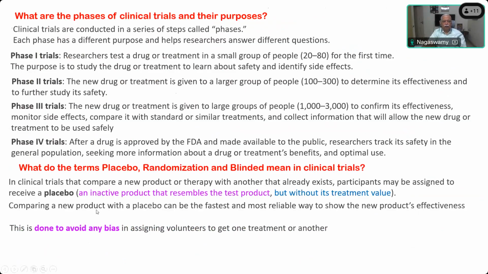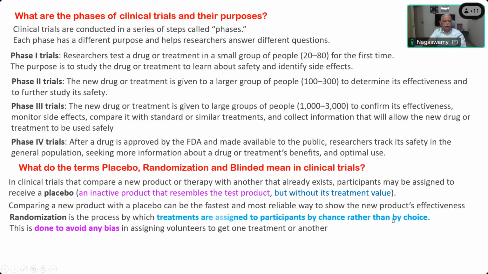Comparing a new product with a placebo is the fastest and most reliable way to show the new product's effectiveness. Randomization is the process by which treatments are assigned to participants by chance rather than by choice. This is done mainly to avoid bias in assigning volunteers to one treatment or another.